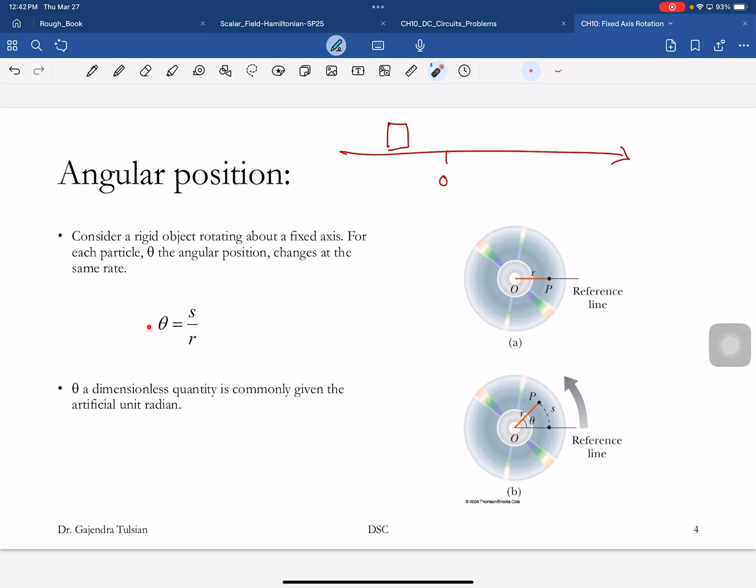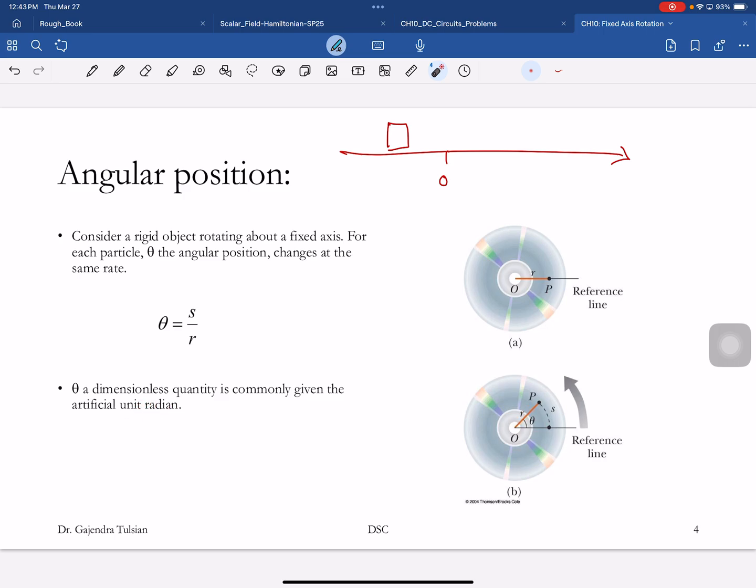Angles will be measured in something called radians. Radians is a dimensionless quantity, and here's how it's defined. The angle theta is given by this arc length divided by the distance from the axis of rotation. Arc length divided by the distance from the axis of rotation. That's measured in meters, that's in meters. So meters cancels meters, so theta is a dimensionless quantity. And it's given an artificial name, unit radians.